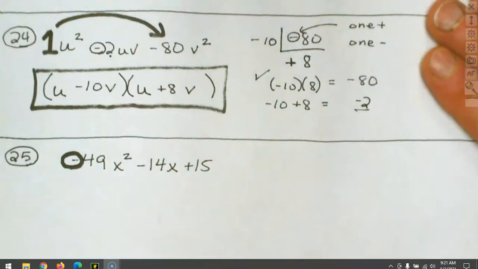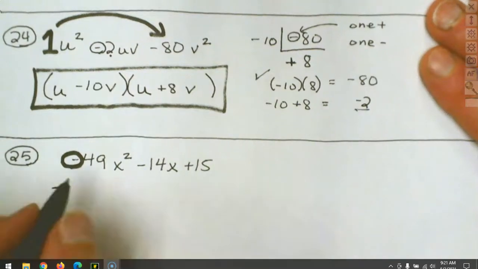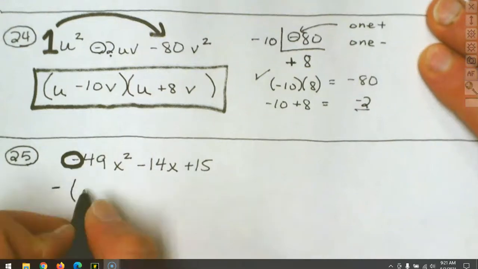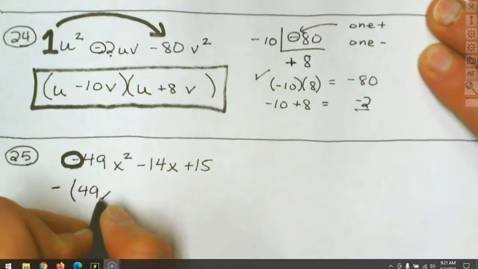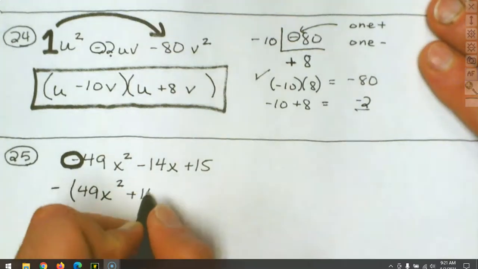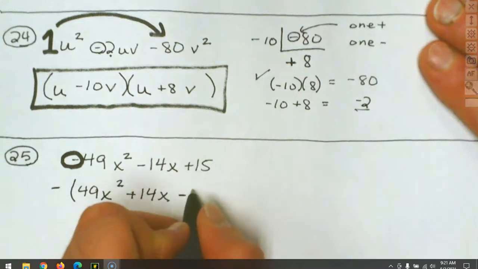No number in common, no variable, but there is a negative. So whenever it starts with a negative, that negative needs to be factored out. It just makes it easier. So that switches our signs. That makes it a positive 49x squared, a positive 14x, and a negative 15.